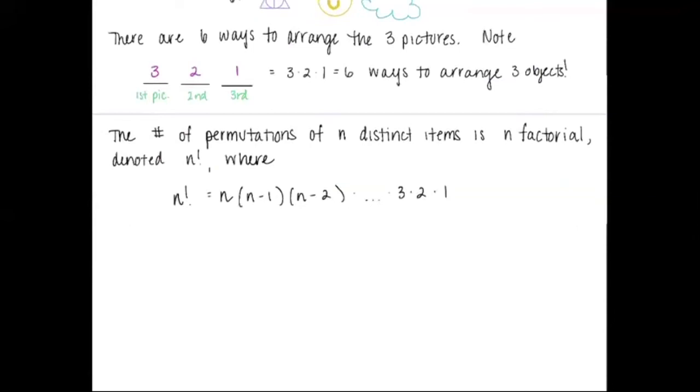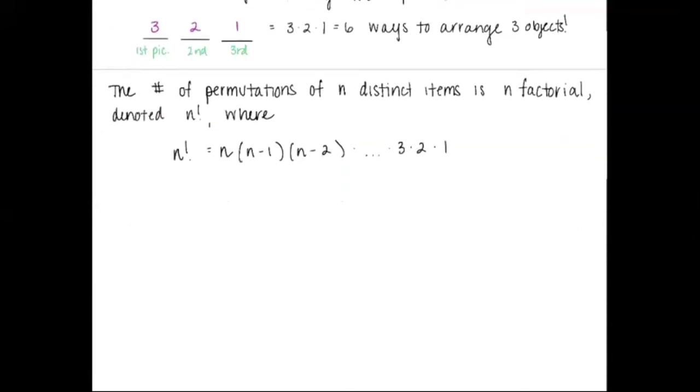So just as some examples with factorials, 3 factorial is you start at 3 and you keep decreasing by the integer till you get down to 1. So 3 factorial is 6. 4 factorial is 4 times 3 times 2 times 1. So decrease all the way down.